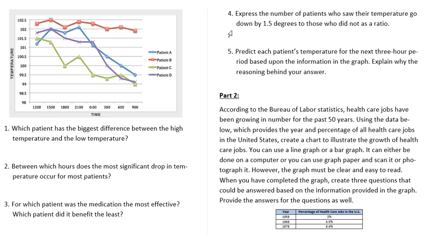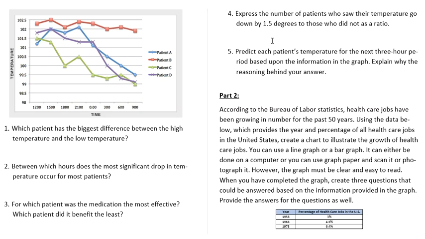Okay, number 4 says, express the number of patients who saw their temperature go down by 1.5 degrees to those who did not as a ratio. Again, same numbers that we calculated for number 1, so you might want to write those down. Okay, if they have seen a temperature change about 1.5 degrees or more, you're going to put that number first.